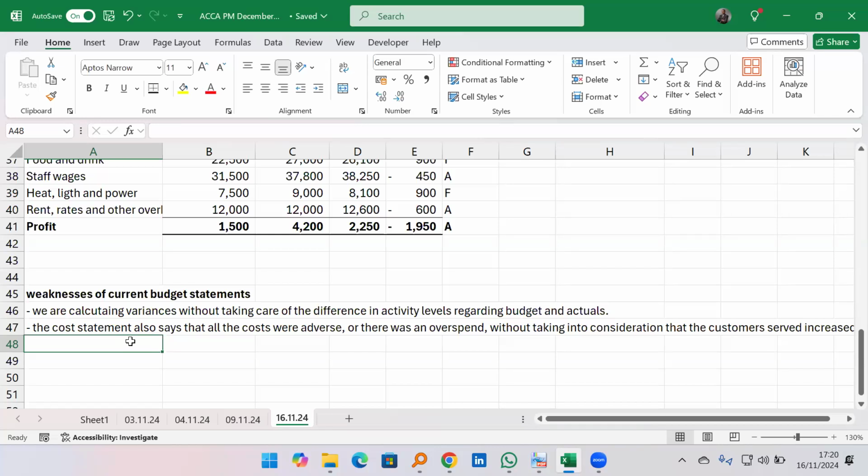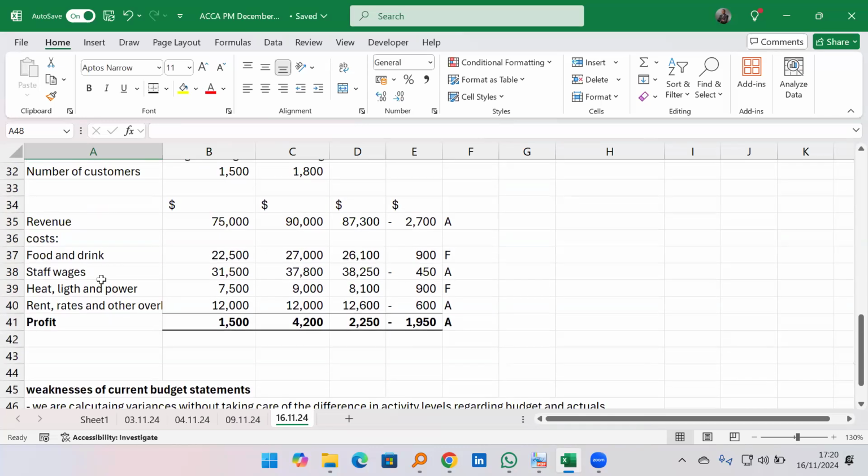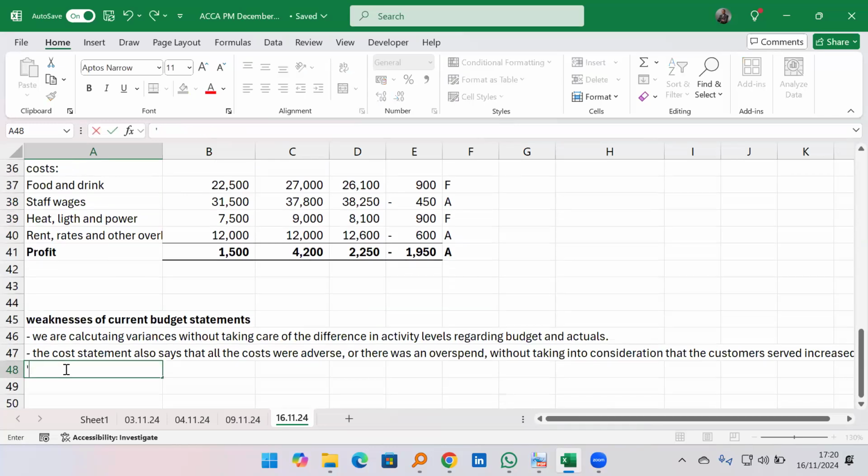Now, the other thing is that we have assumed that staff wages, heat, light, and power are variable. So we have assumed that staff wages, heat, light, and power are completely variable.